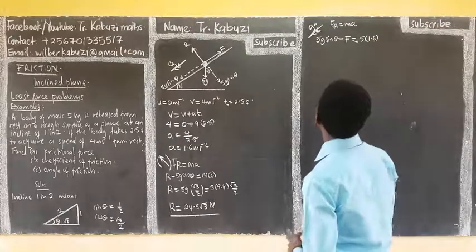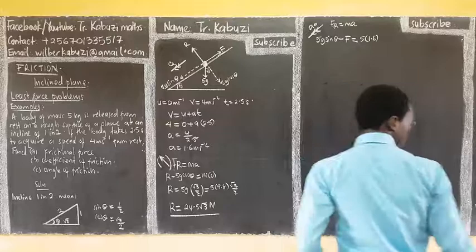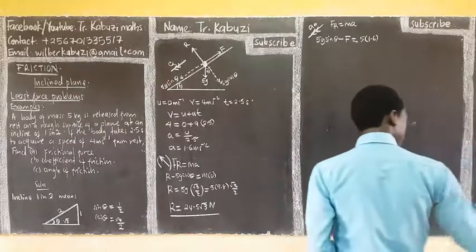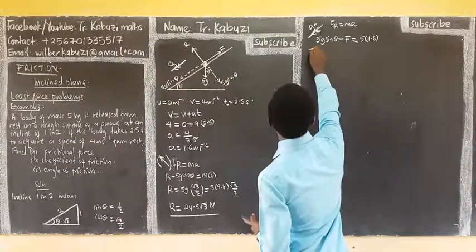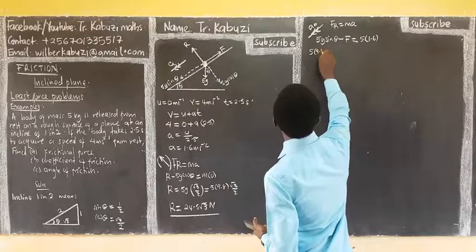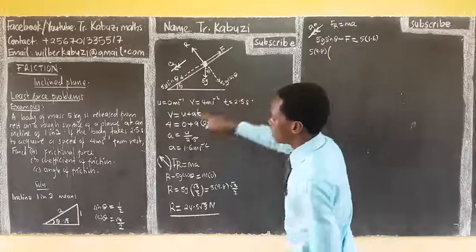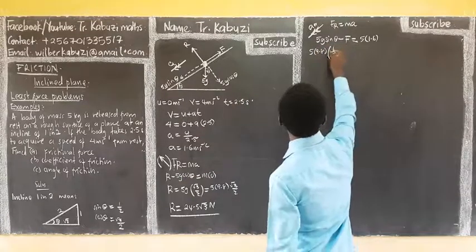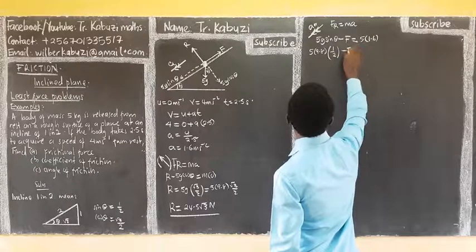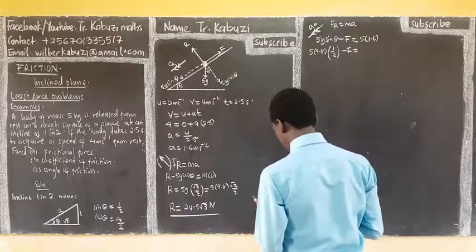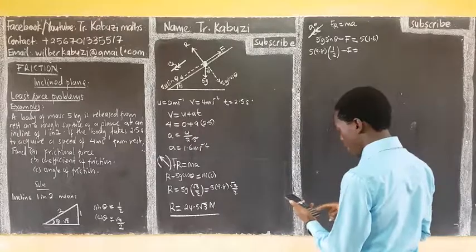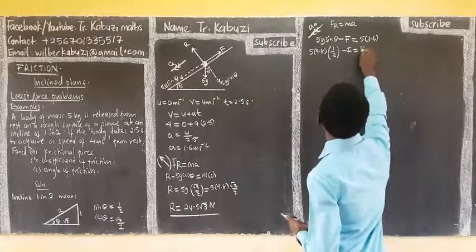So from there you are able to see that I have this as 5 into 9.8 into sin theta, which is a half, minus F, giving me 8.